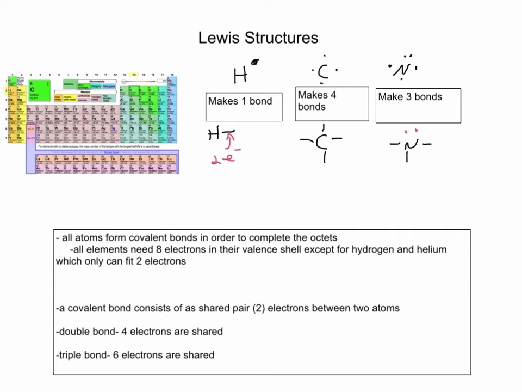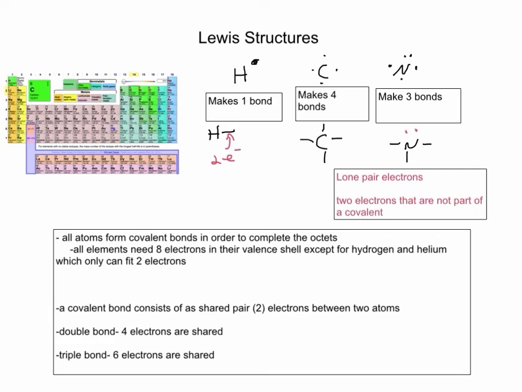We draw them as 2 dots, meaning they don't bond, and we call these electrons lone pair electrons, which are just 2 electrons that are not part of a covalent bond. So we have a lone pair of electrons on nitrogen that is not going to form a bond. Just like we started with this lone pair here, it's going to remain a lone pair once we put it in a compound.